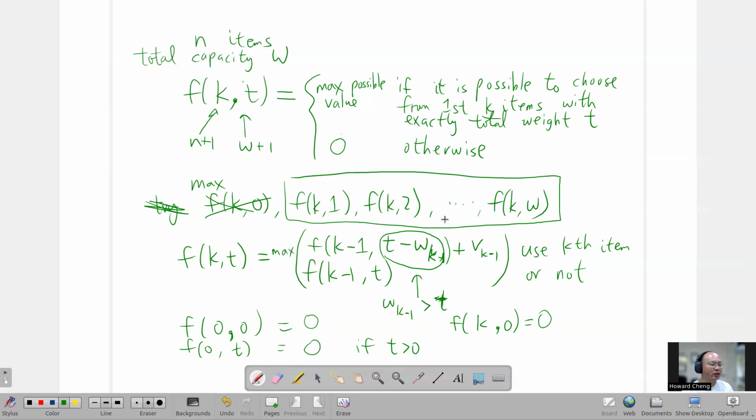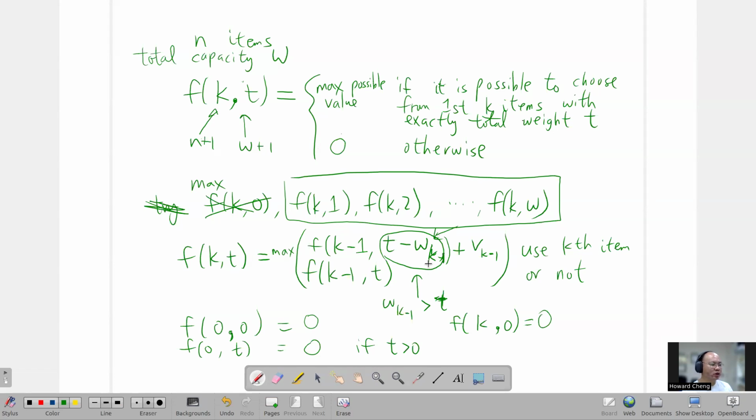Okay, so I forgot about this before, so you have to worry about this case. And that's basically it, right? And this will give you the maximum value.